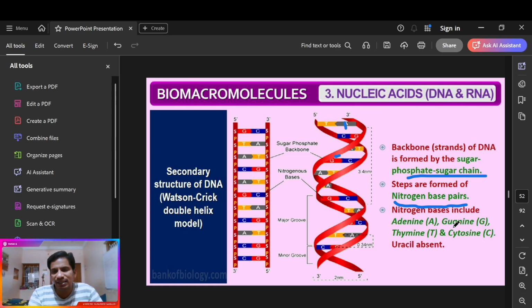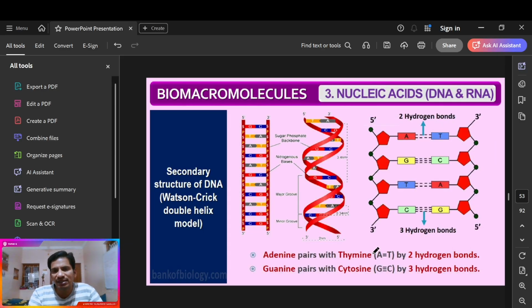How can you remember which are the purines and which are the pyrimidines? Purines are adenine and guanine, AG, and CUT are the pyrimidines.